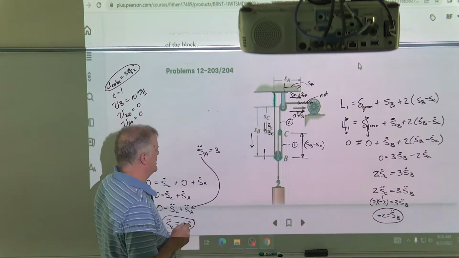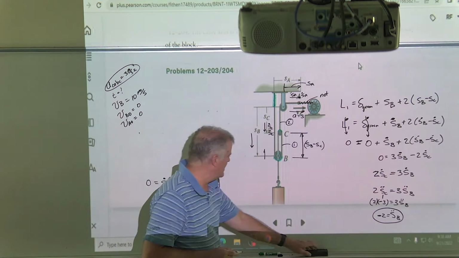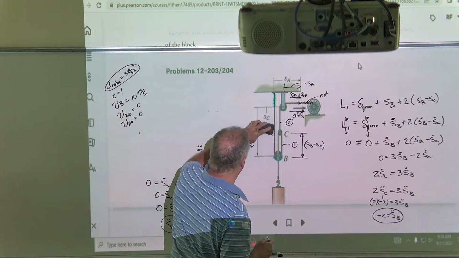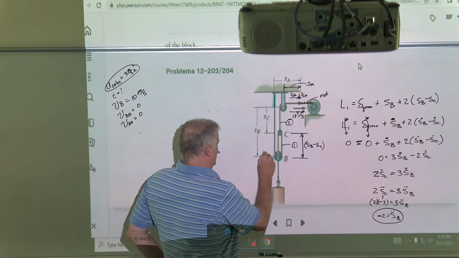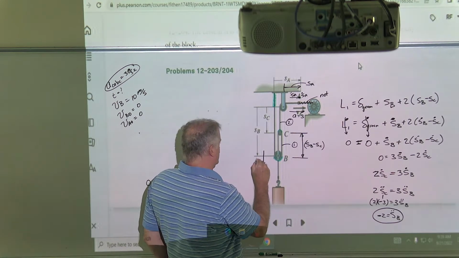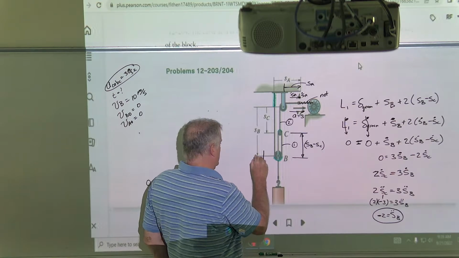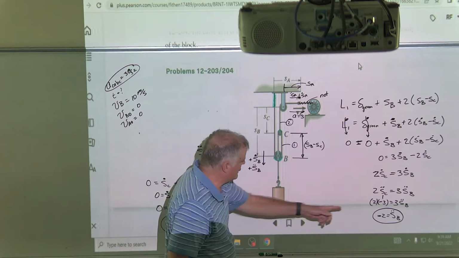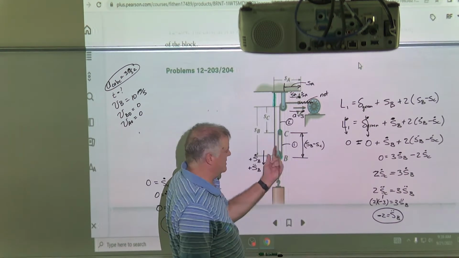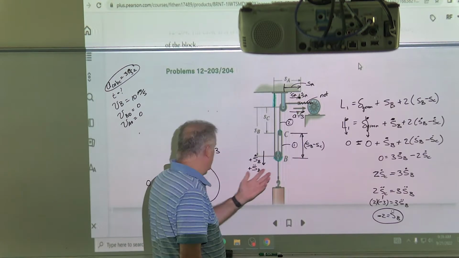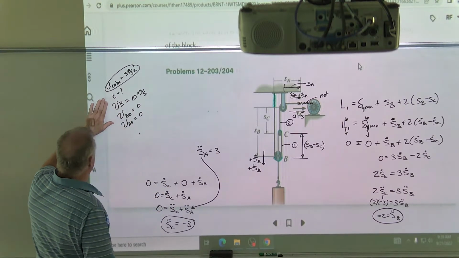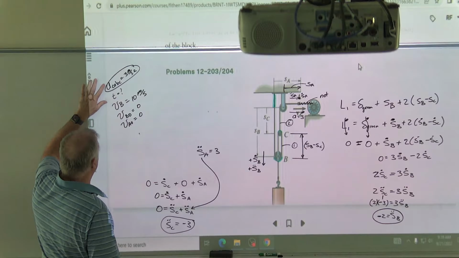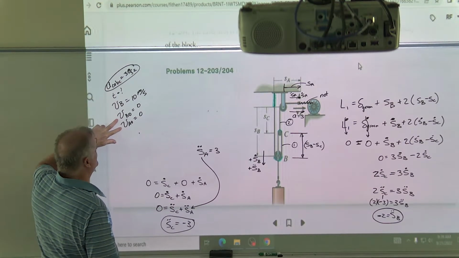So now that I got -2, what that means, okay, here. So let's identify the positive. This is SB positive. So I'll say this is a positive SB. This is a positive SB double dot. The fact that that's negative means it's going up. Now, the thing starts, it has a constant acceleration. It starts with everything dead still.